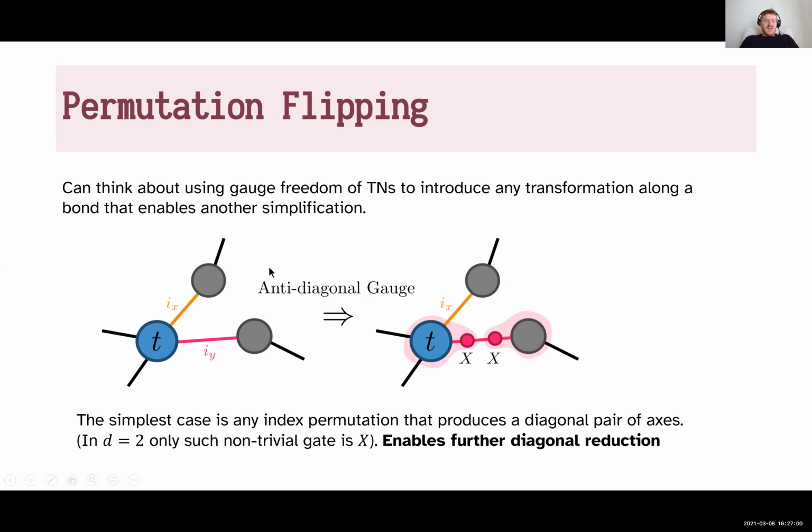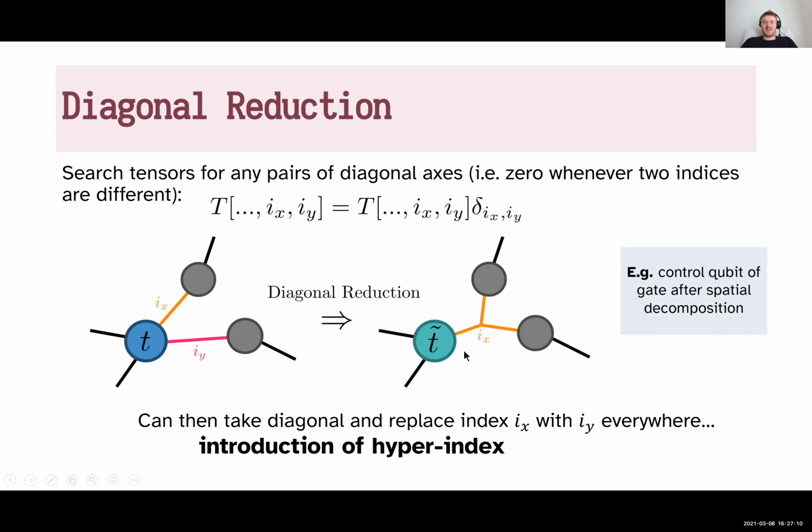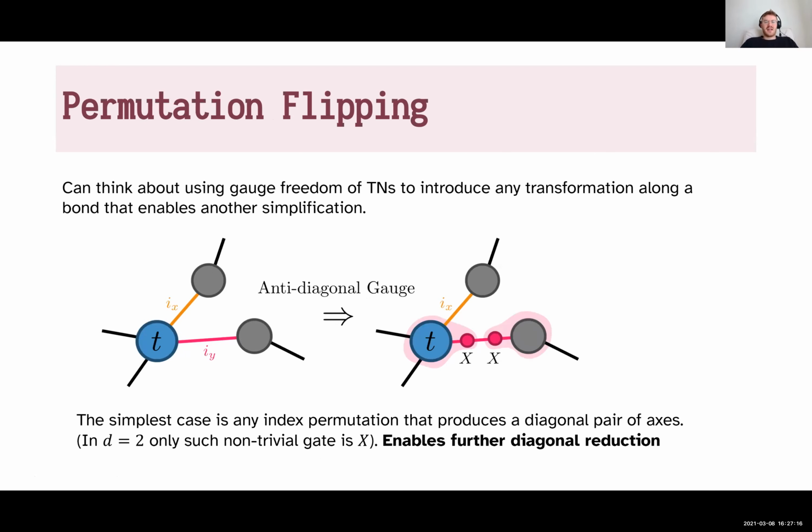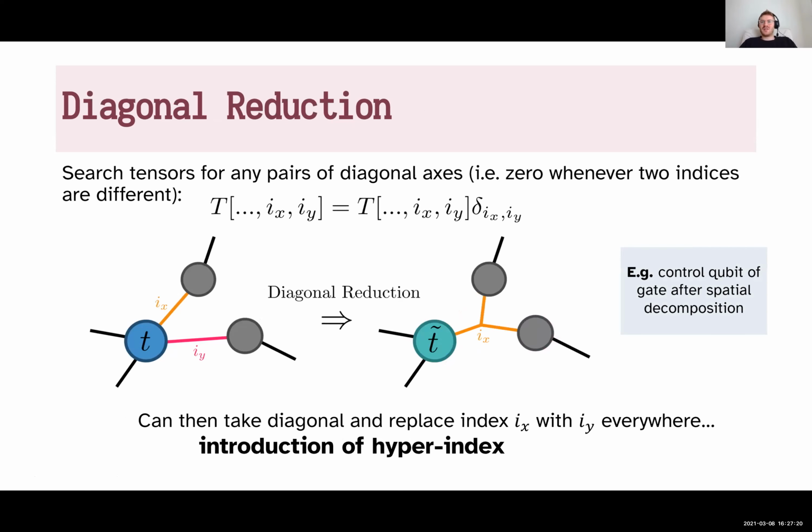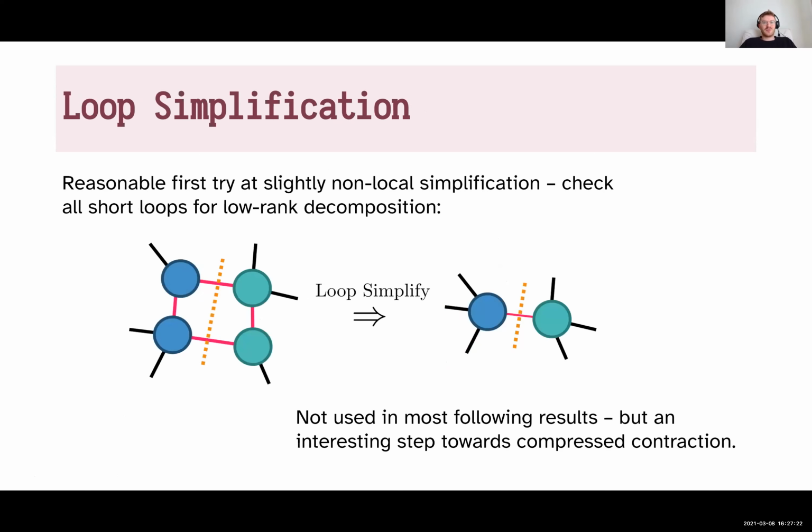So you can search through your tensors, and if you find 2 indices that are anti-diagonal, you can just gauge this bond in between them, and now you can go back to this stage and create a hyperindex. And again, this is only useful in conjunction with doing these other simplifications in some kind of loop.